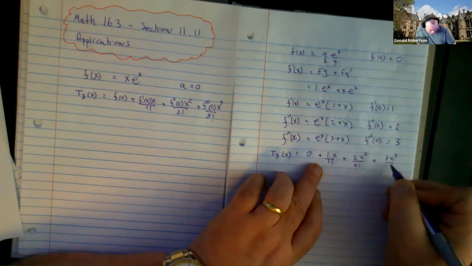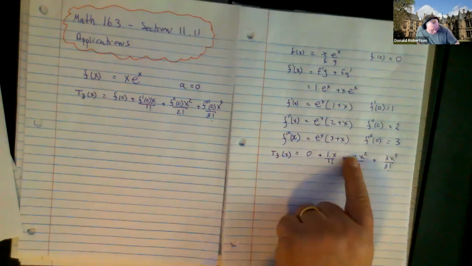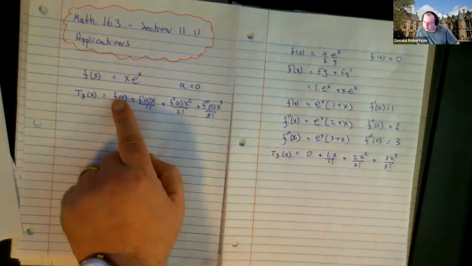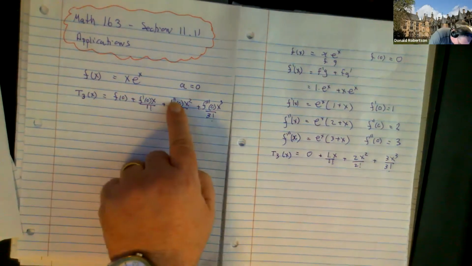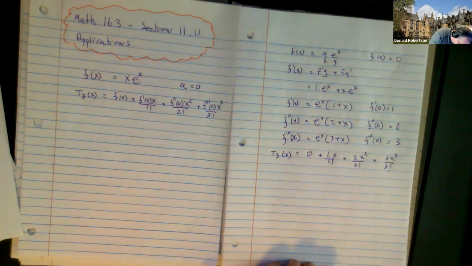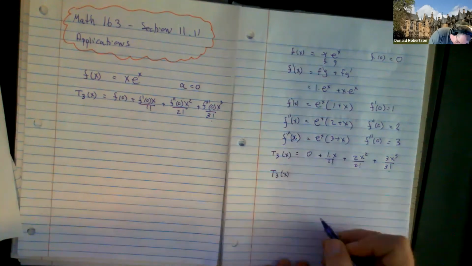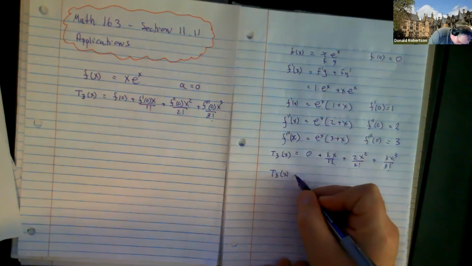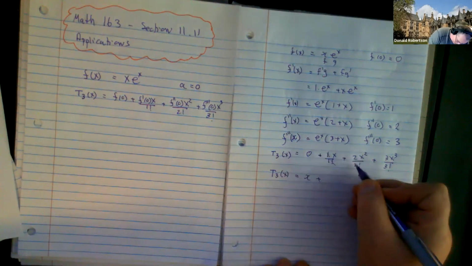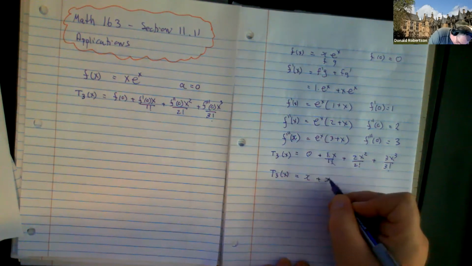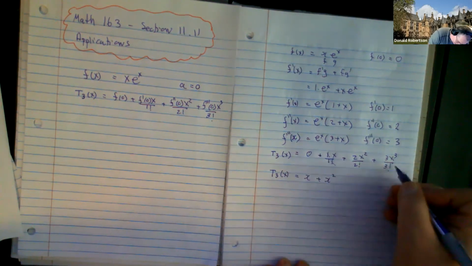Are you happy about where the 0, 1, 2, and 3 go? Now I'm just going to make it look pretty. That's basically just x. They cancel out because 2 and 2 factorial are both 2. And that gets you 6, so 3 over 6 is a half. And we get that.